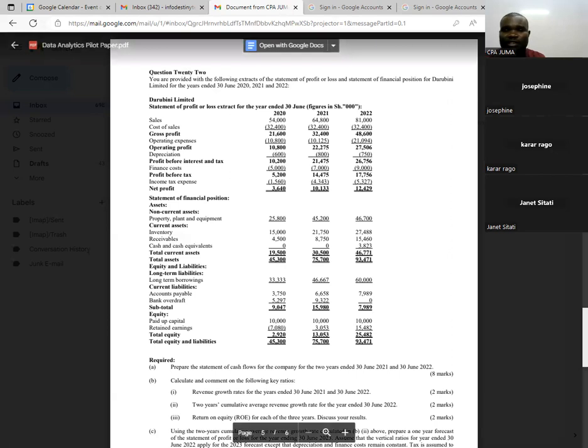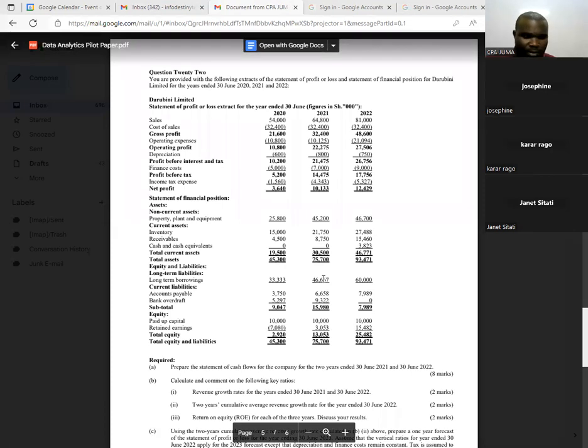So when we go to the Excel, you will open an Excel sheet, a worksheet. In the worksheet, you will write the name of the company on the top left.